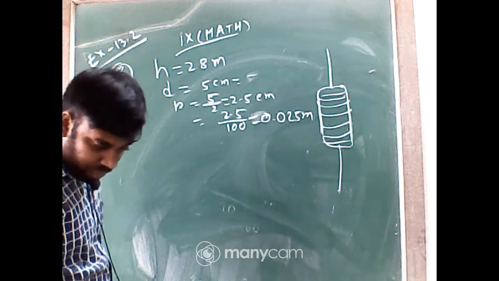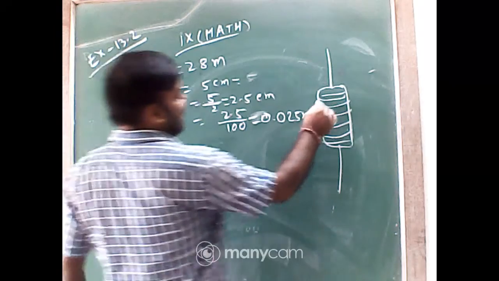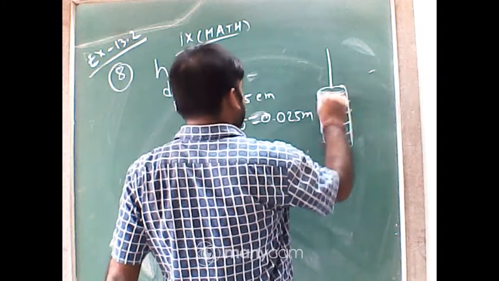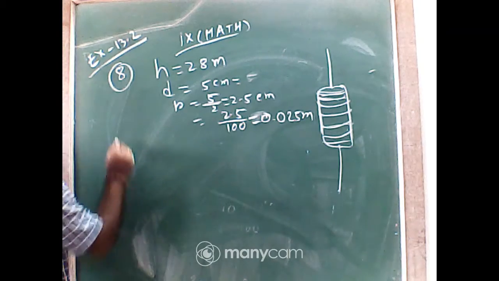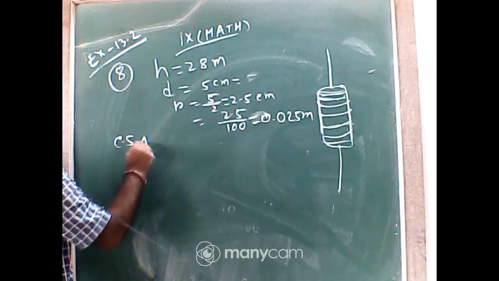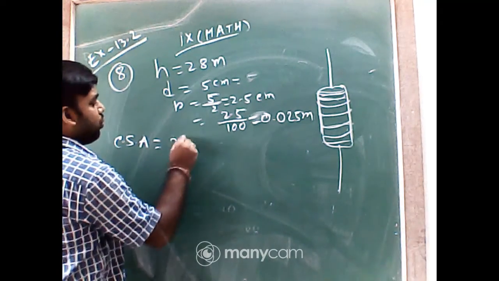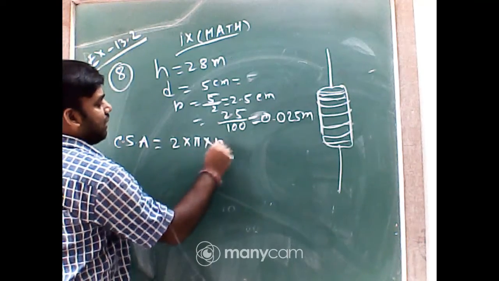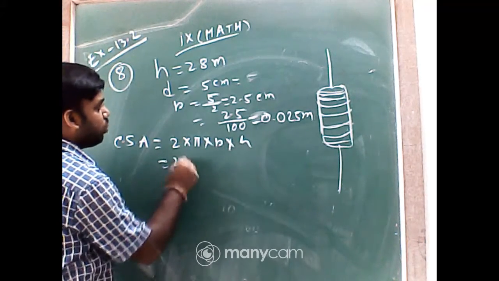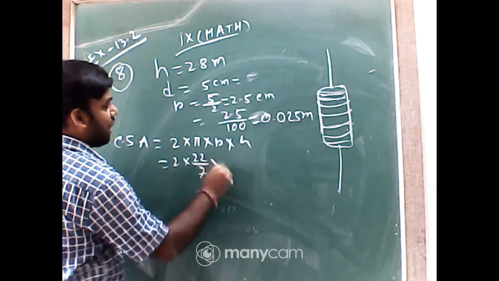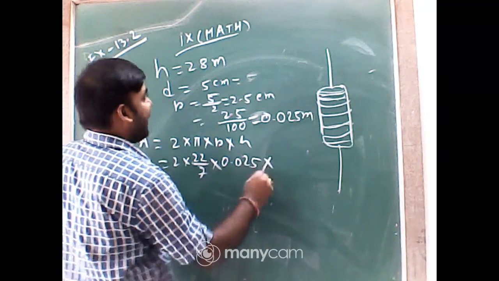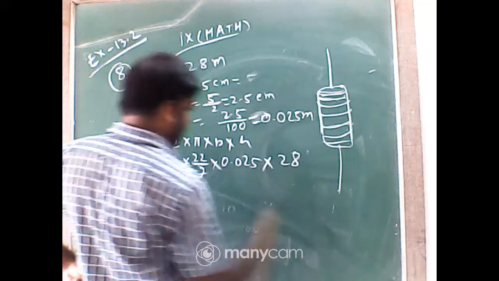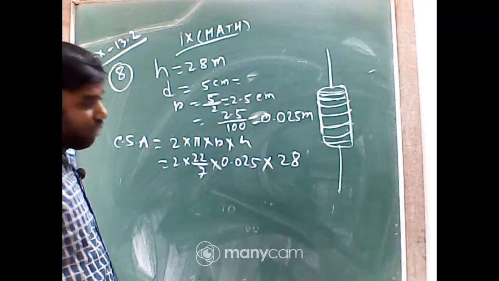Next, curved surface area, because these are the radiating surfaces, we need to find the curved surface area. Formula we know is 2 into pi into r into h. So 2 into pi 22 by 7, r is 0.025, h is 28.